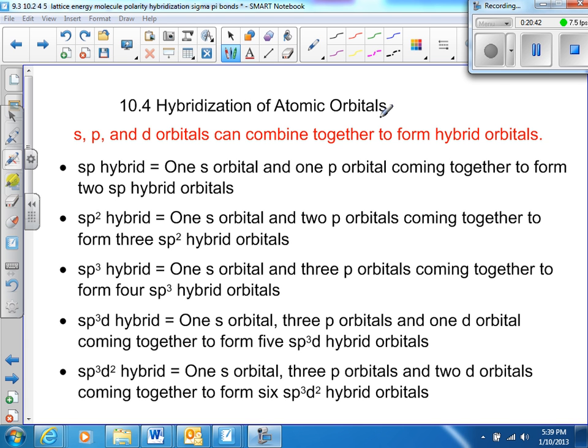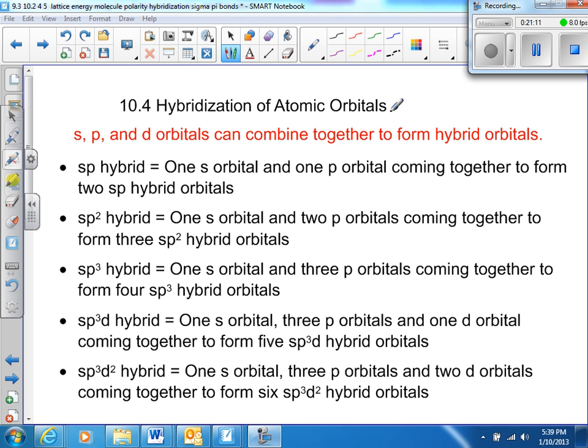Okay, last thing for today is hybridization of atomic orbitals. This is also another thing that's extremely easy. You just have to sort of pay some attention. The key is that s, p, and d orbitals, we learned about these a couple of chapters ago, the last test or quiz, can come together to form what we call hybrid orbitals.